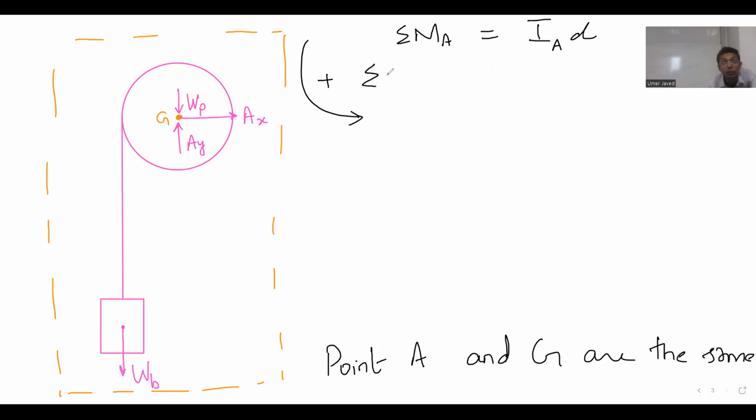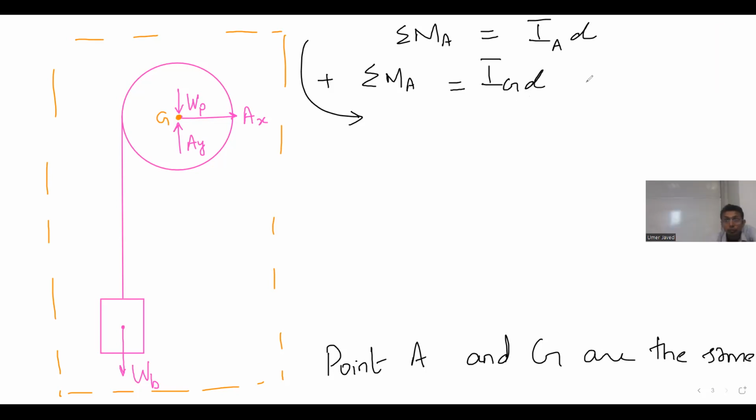Summation of moments about point A is equal to, okay, now tell me what should I do? So it will be IG alpha plus MAG, MABD, correct? So this will be MB.